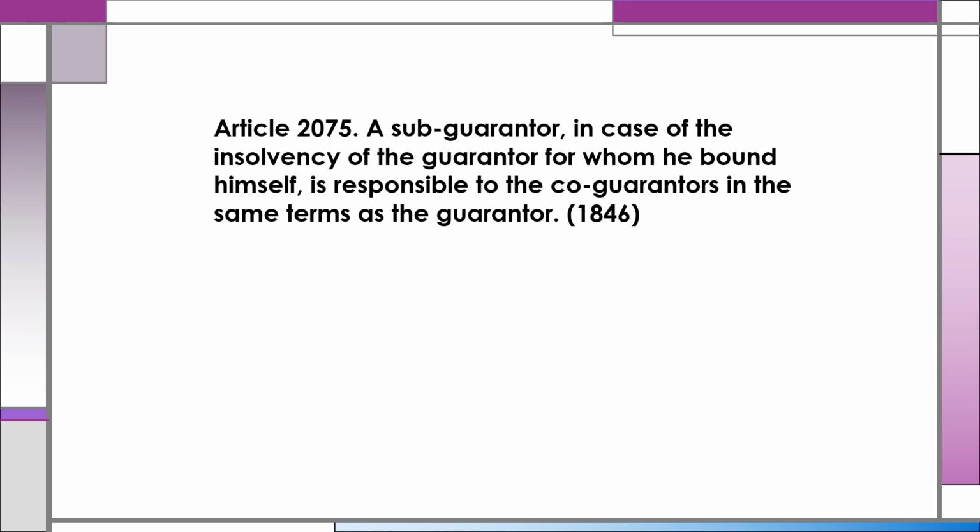There is a guarantor under guarantor B. Now, in the event of the insolvency of guarantor B, his sub-guarantor will be liable to guarantor A and guarantor C.